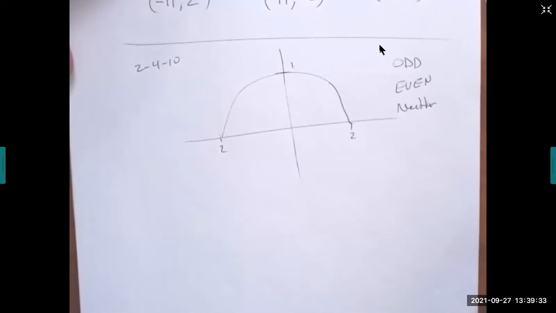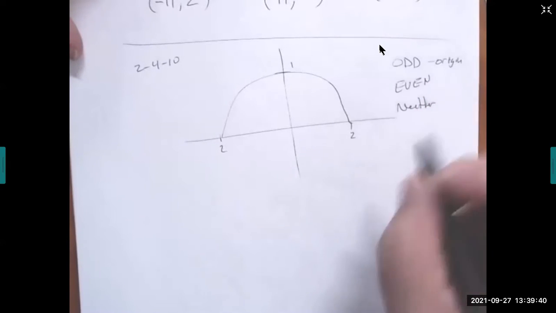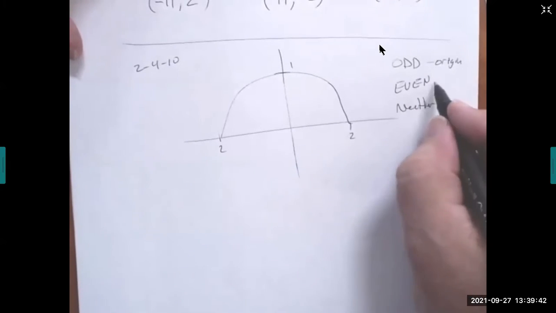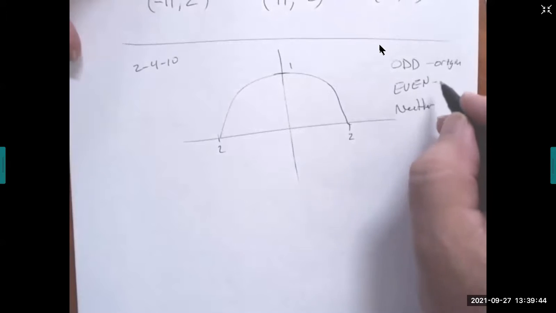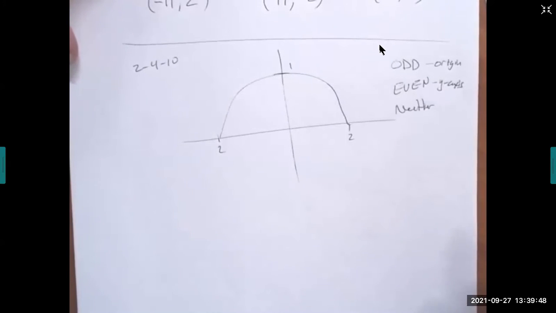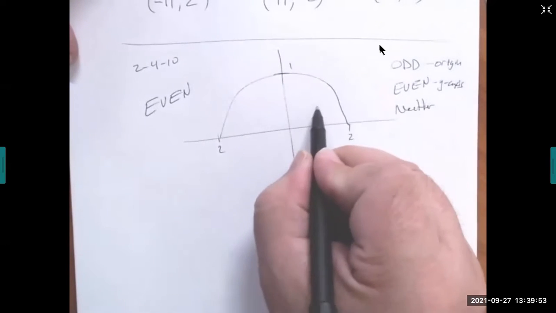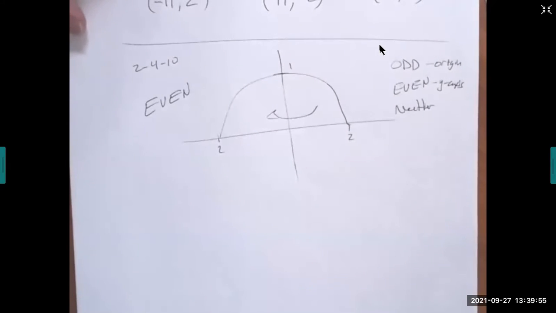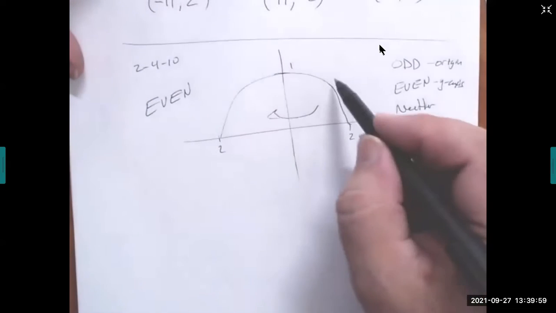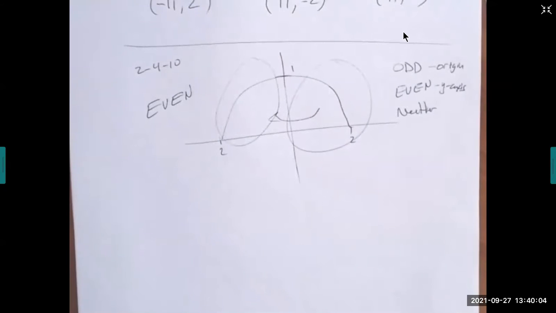It's symmetric about the what axis? The origin. Is that symmetric with the origin? No. How about even? What's it symmetric to? Is this symmetric with the y-axis? Yes. So this is an even function. It's symmetric about the y-axis, or this side of the graph looks like this side of the graph. It's across the y-axis.